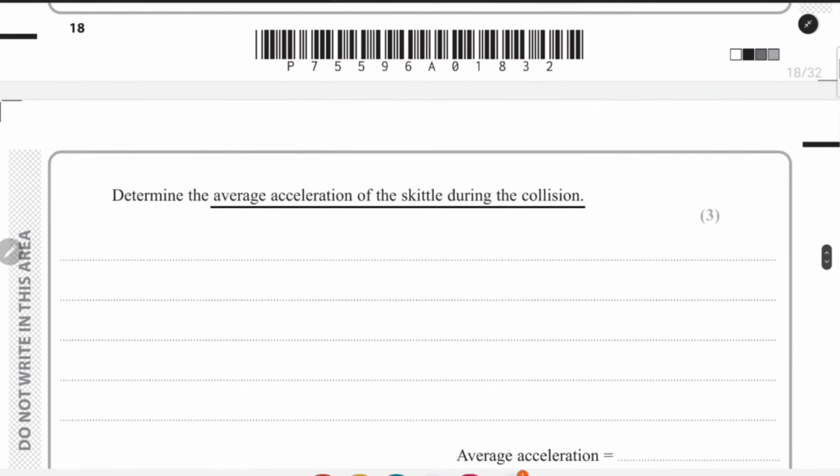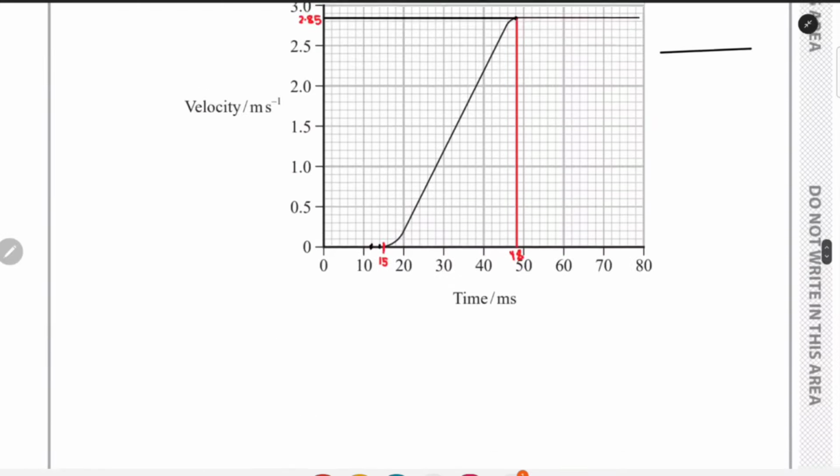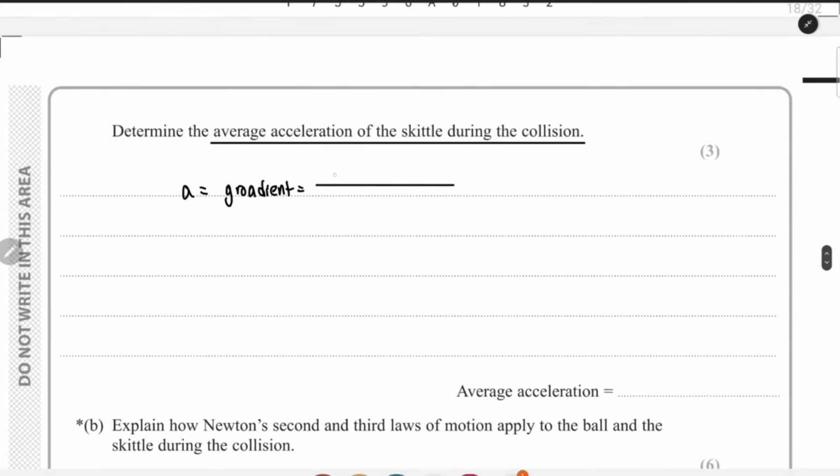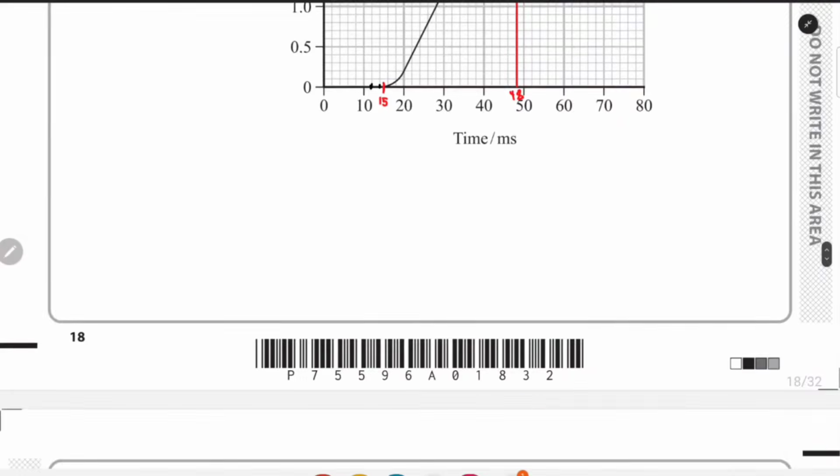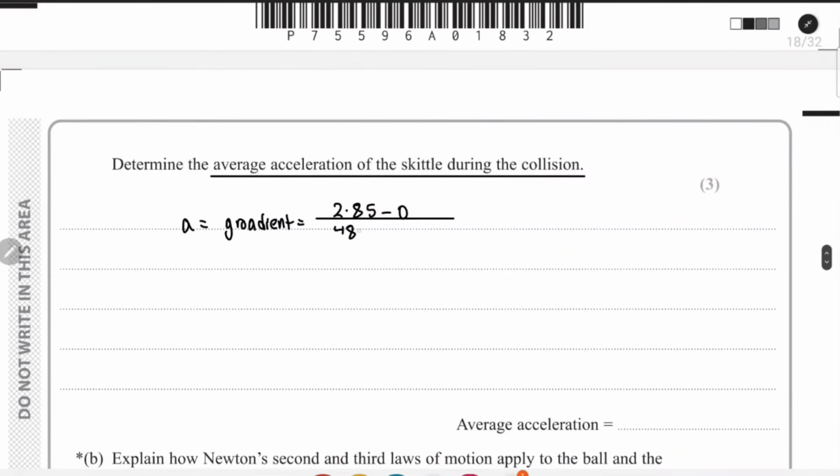So the acceleration equals the gradient, and that is equal to 2.85 minus 0 divided by 48 minus 15.